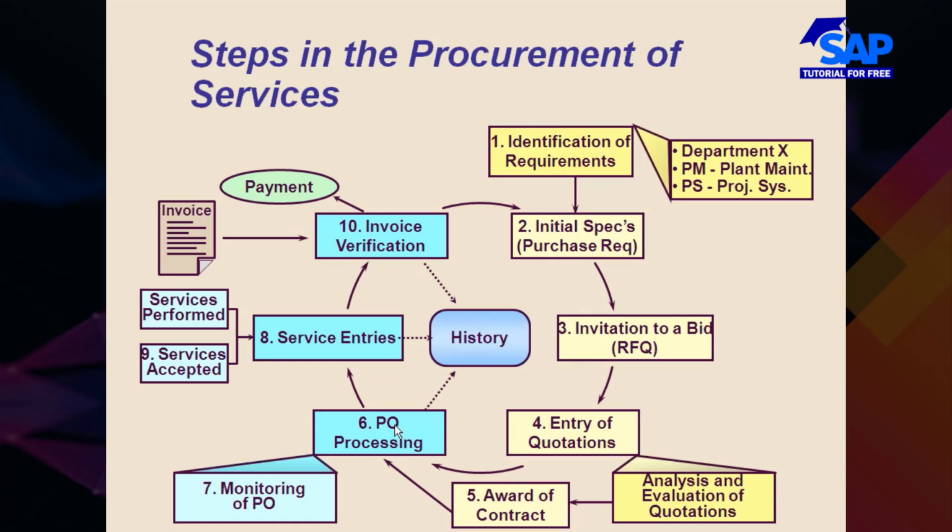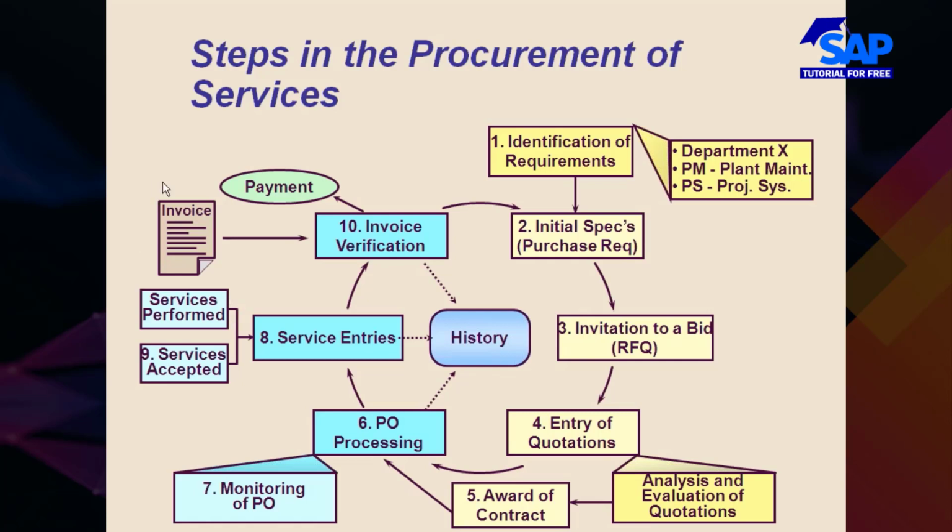The supplier performs the service. The services which are performed need to be entered, and then they must be accepted. Upon acceptance, you will receive an invoice for the accepted service from the vendor. You have to post that, and finally the payment takes place.